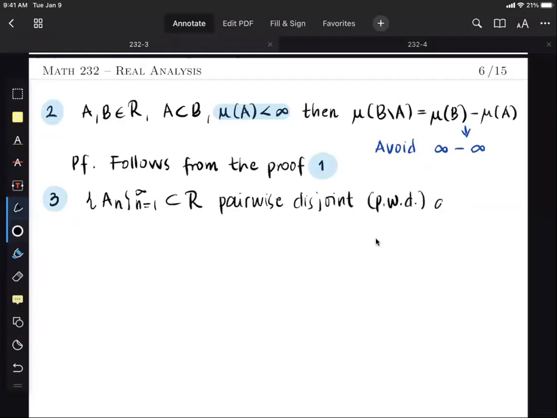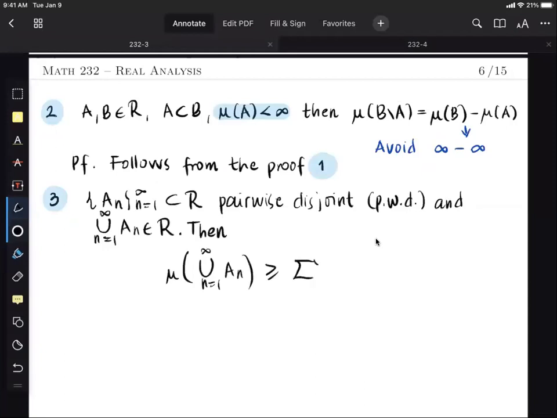And the union of this sequence or countable collection is also in R. We need to postulate this or assume that the countable union is in R because there's no guarantee that this ring is closed under countable unions. Then the content of the union is greater than or equal to the sum of the contents.